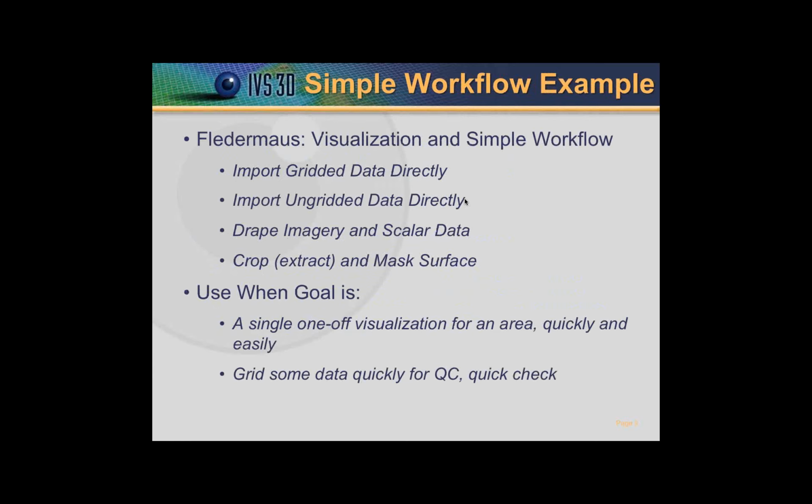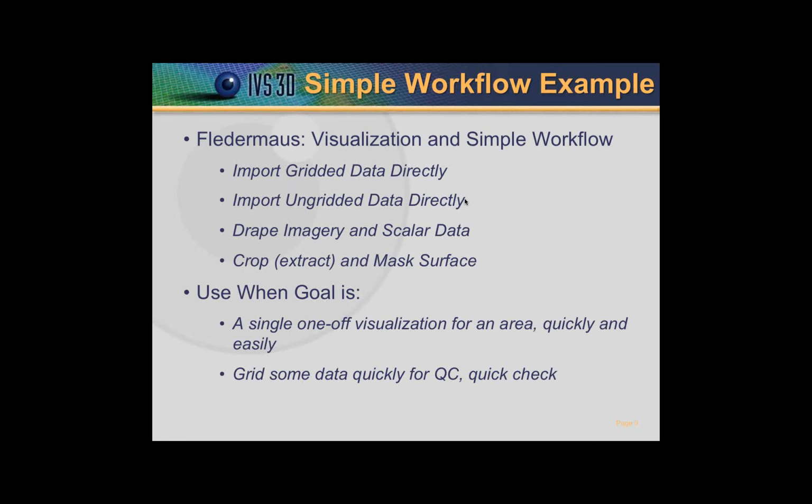So as an example, for a simple workflow, you might have a number of grids in an area where you are looking at data. You might not be doing surveying, but you want to do some analysis, whether it be habitat mapping, or you're a geologist looking at an area, and someone is going to provide you with the data. So you might have grids that have already been generated.